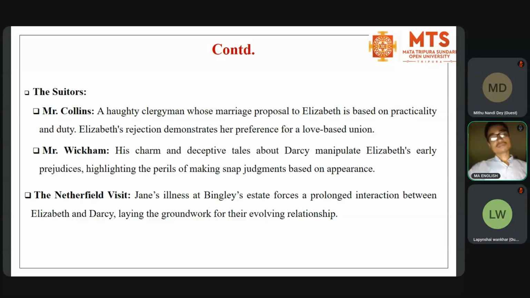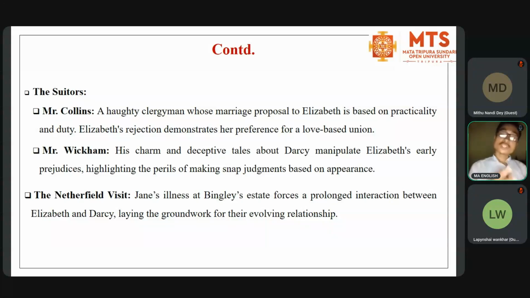Now, Wickham tells that he also hates Mr. Darcy because he says that Mr. Darcy cheated him also, that all his generational wealth that he was supposed to get from his parents was going to be taken by Mr. Darcy. So Mr. Darcy is a fraud and all these things.